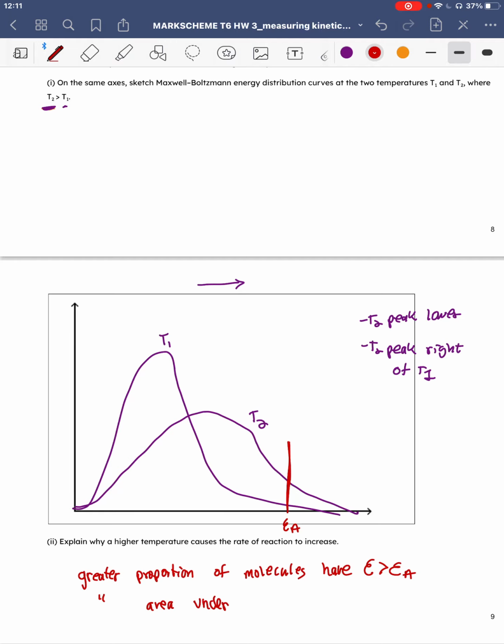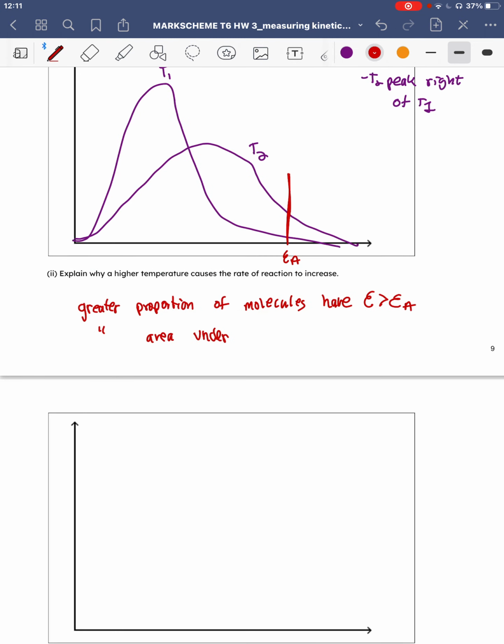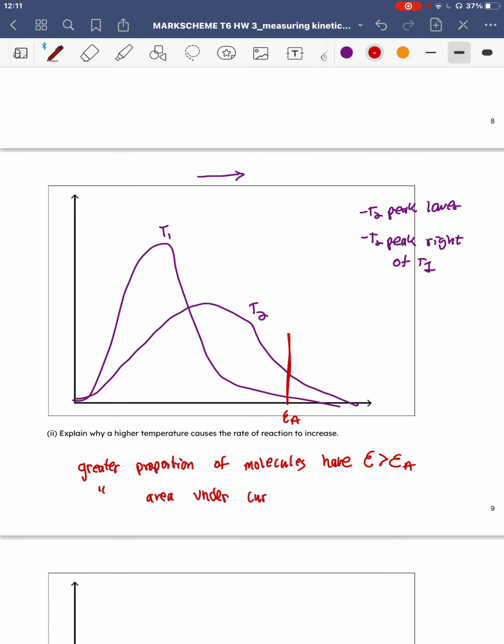That's the same thing as saying more molecules, greater area under the curve to the right of EA for T2. You could also just say, based on the dating analogy video we watched, more collisions between molecules. So any of those would have earned you that mark.